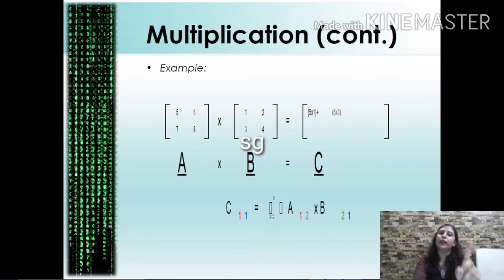That is, 5 is the first element of the first matrix into the first element of the second matrix. We are taking the first row of the first matrix, 5, 6, and the first column of the second matrix, 1, 3. So 5 into 1 plus 6 into 3. That is the second element of the first row of A and the second element of the first column of B. That is 6 into 3. This will give the first element of C.